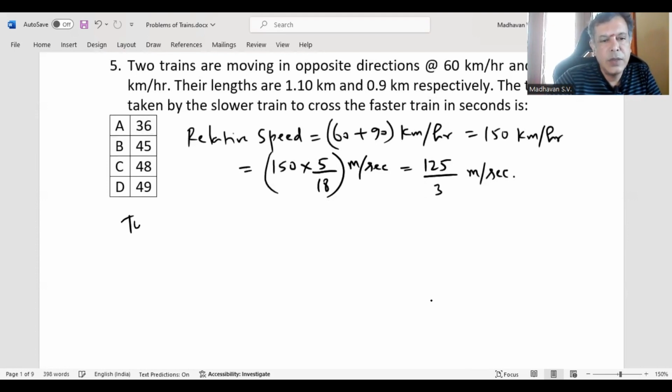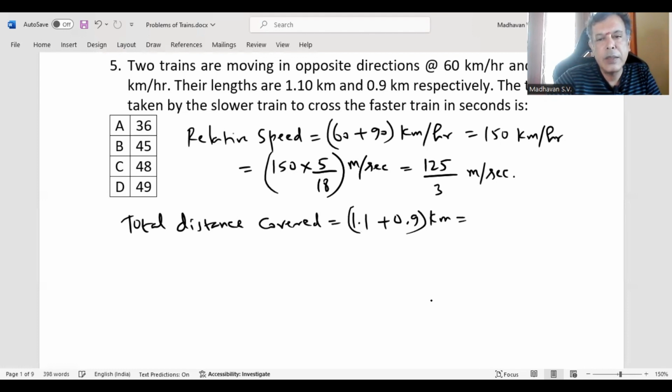Now, the total distance covered will be the length of both the trains, 1.1 plus 0.9 kilometer, that is 2 kilometers, which if you convert into meters is 2000 meters.